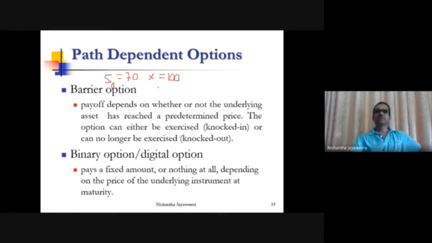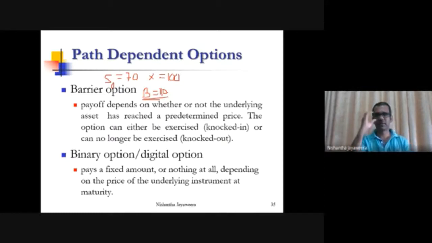There will be another rate, say knock in or knock out rate. That's the barrier rate. Whether the market is traded at this rate or above or below decides whether your option is effective or not.